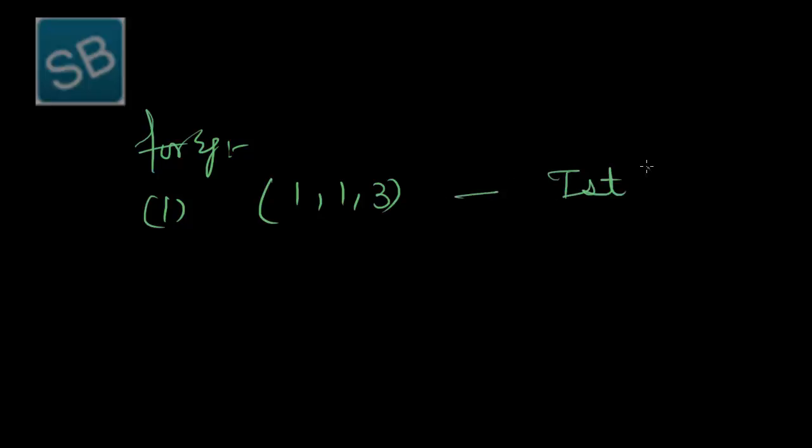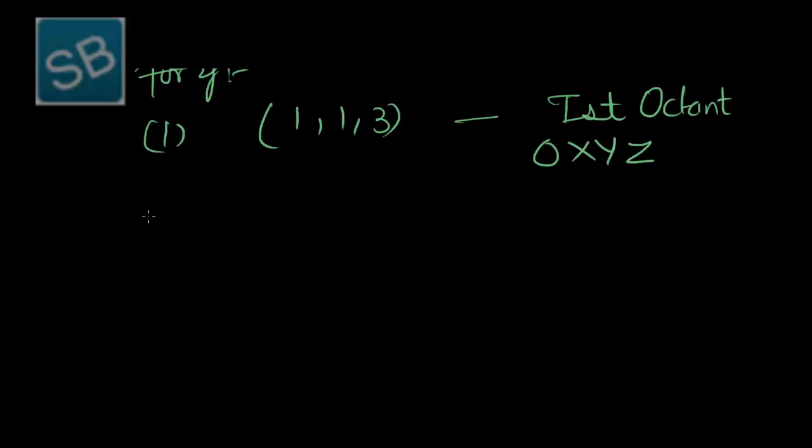Now we will check in which octant each point lies. For example, the first one is (1, 1, 3). As the x coordinate is positive, y coordinate is positive, z coordinate is positive, it lies in the first octant, that is OXYZ. Now we have to check another one, that is (-2, 2, 4).